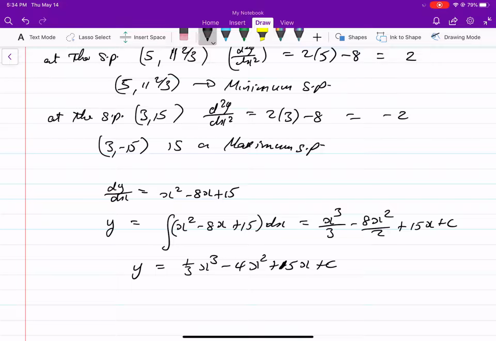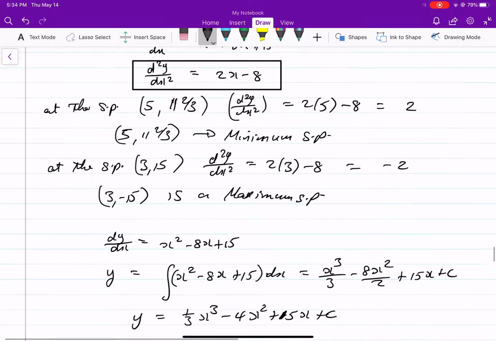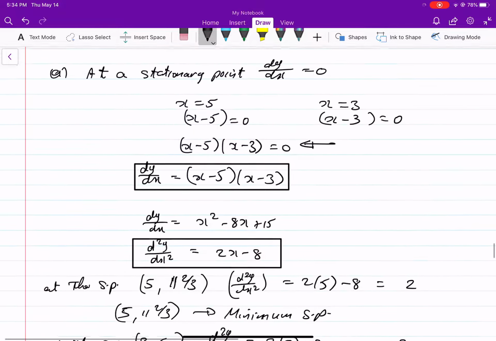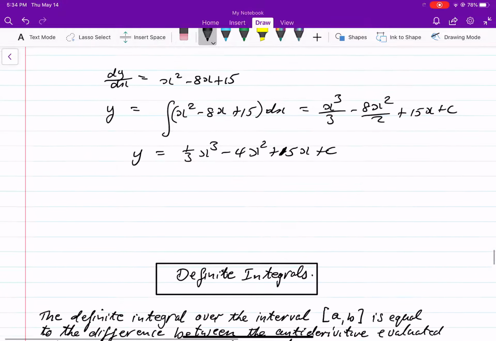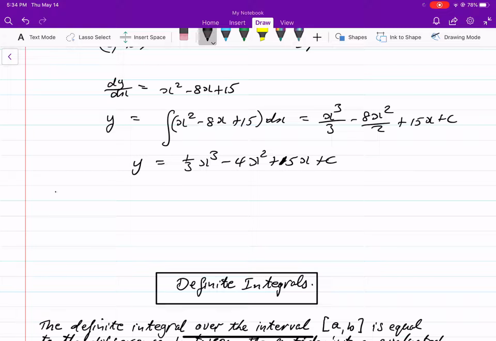And now they gave me 2 points through which the curve passes. Both are stationary points. The curve has to pass through those stationary points, so I could pick either one and use it to find my c. I'm going to pick 3 and 15. So the curve passes through the point (3, 15), which is a stationary point.